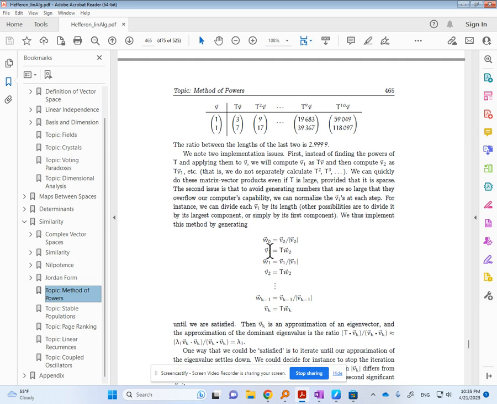If I just plugged in Tw0 here, that would be Tw0 divided by the norm of Tw0. At every stage, he's dividing T times the previous vector by the norm. And that T times the previous vector runs all the way back to T to the k.